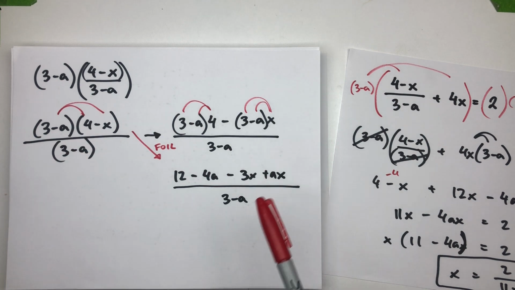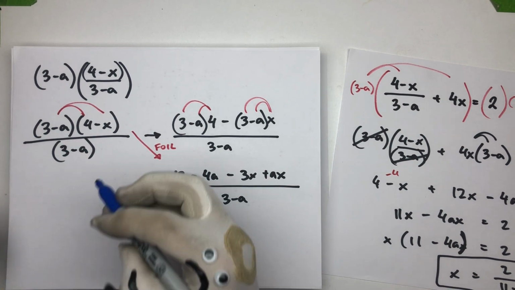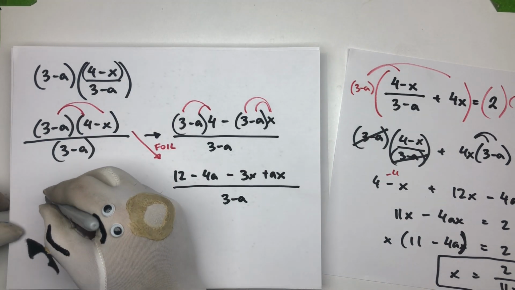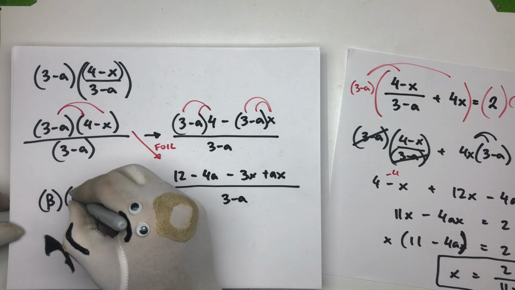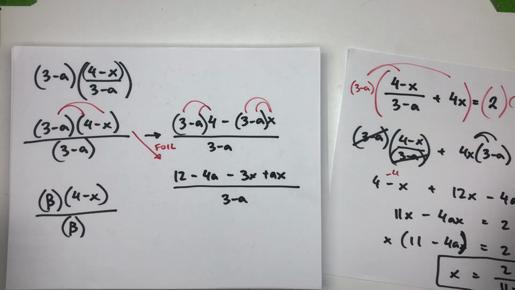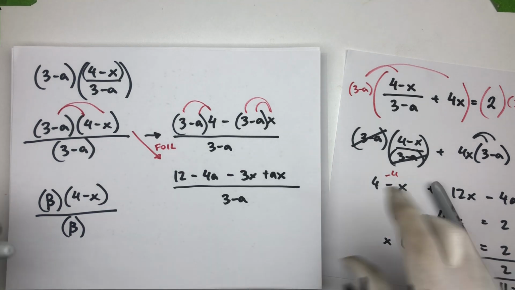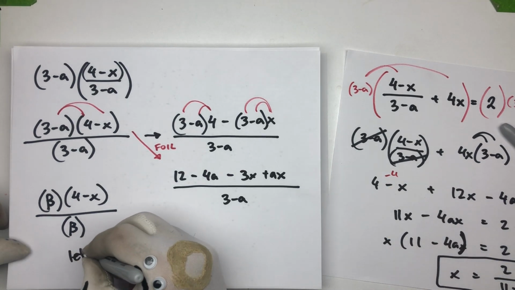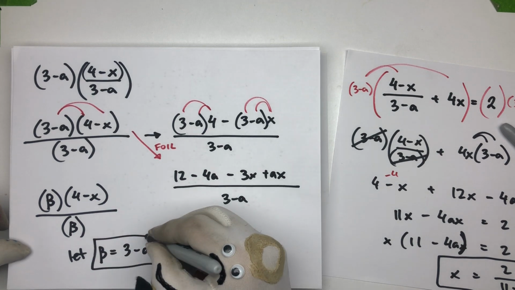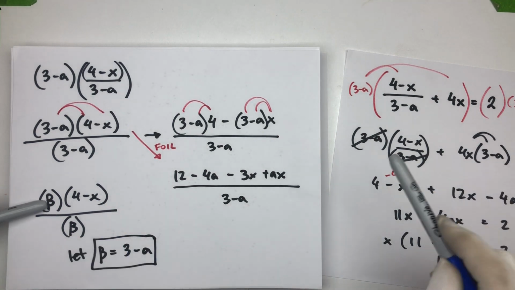Anyways, the point of me writing this here is to show you that this thing essentially cancels. It's like having beta times (4 minus x) all over beta. So the betas cancel. If I let beta equal 3 minus a, then this is clear.